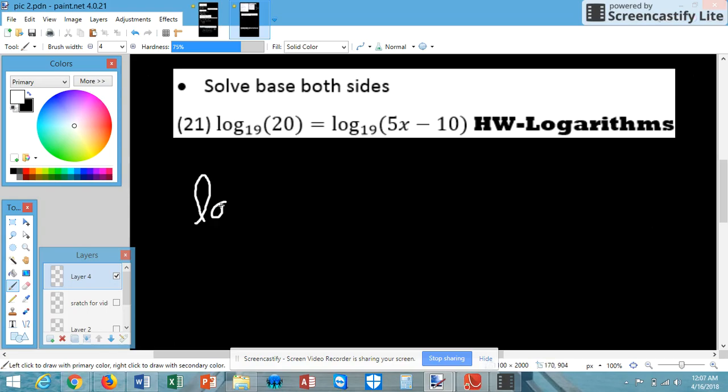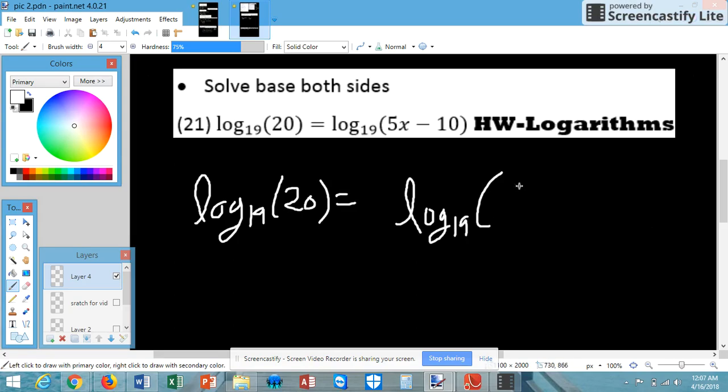So when we write that out, to get rid of the logs, we have to base both sides by 19 to get rid of them. So we just put a big 19 in front of both of these.